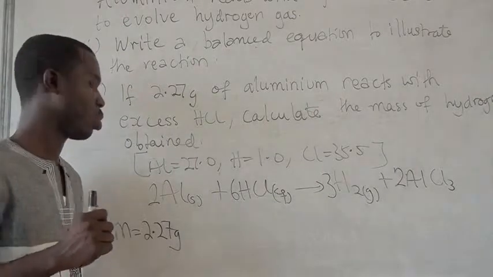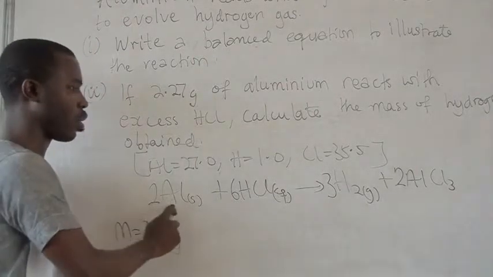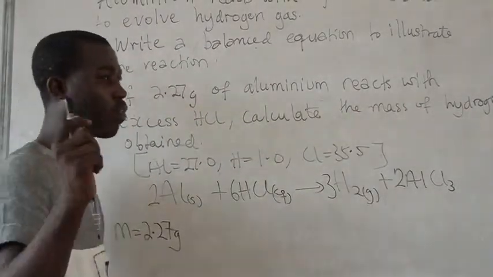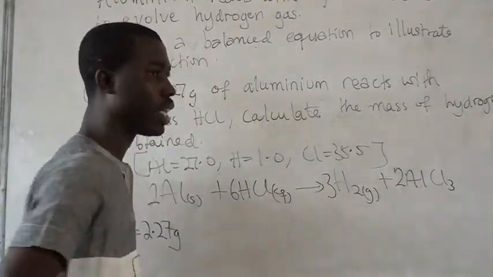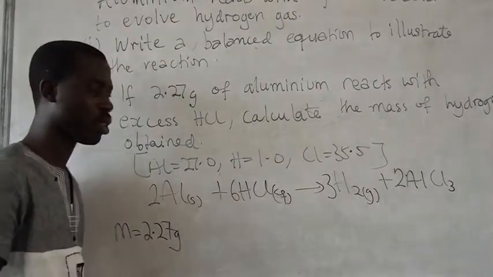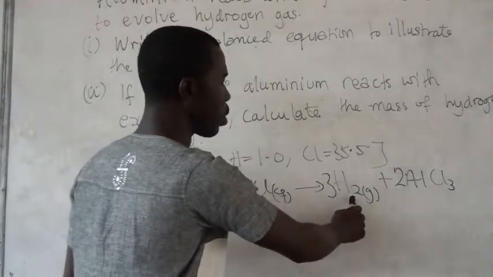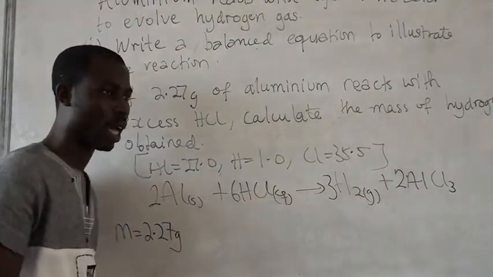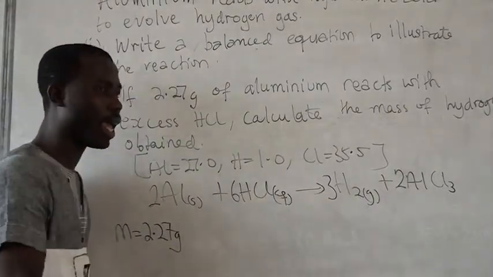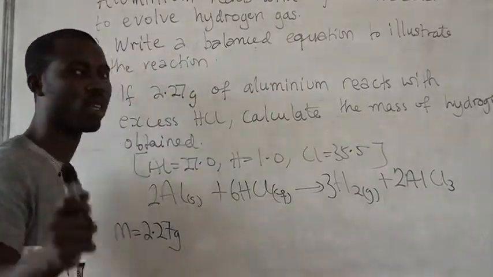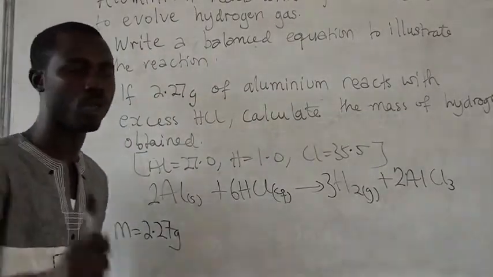Step 2. Use the mole ratio between the aluminium and the hydrogen gas to find the number of moles of the hydrogen gas that was produced. After finding the number of moles, step 3. Calculate the molar mass of the hydrogen gas, multiply it with the number of moles of the hydrogen gas, and you get the mass of the H2 that was produced.